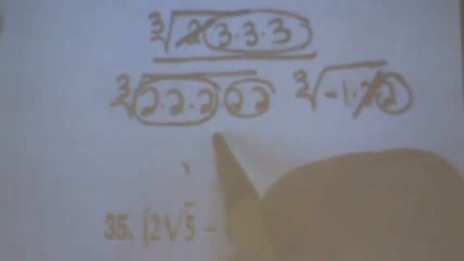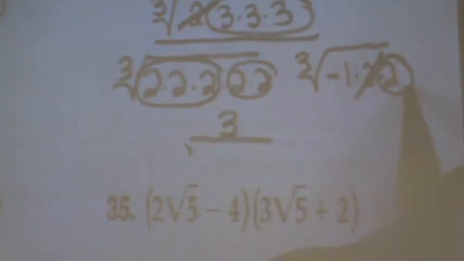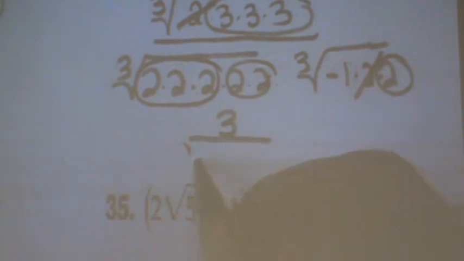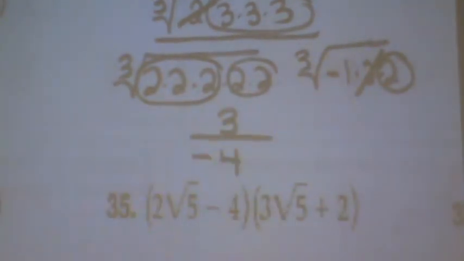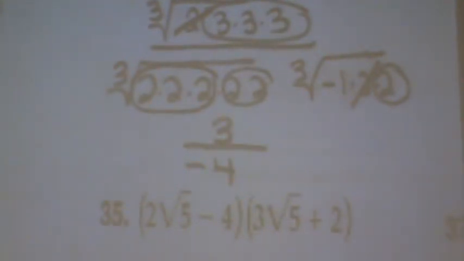And this 2 can cancel with that 2. And you've got 3 3s here. Looking for 3 of a kind. So your answer would be 3 in the numerator. In the denominator, you're going to have 2 times 2, which is 4, but you have your -1, so it's -4. And everything else cancels out. So did everybody see that one? The 2 sets of 2s come out, you get 4.